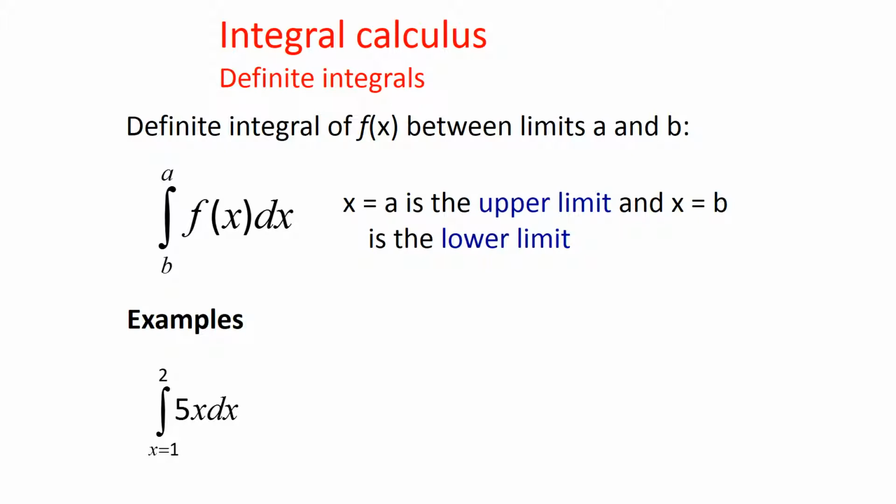Now, because we've got these start and end points, the area under that curve is 5x squared over 2 plus c when x is 2, minus 5x squared over 2 plus c when x is 1.